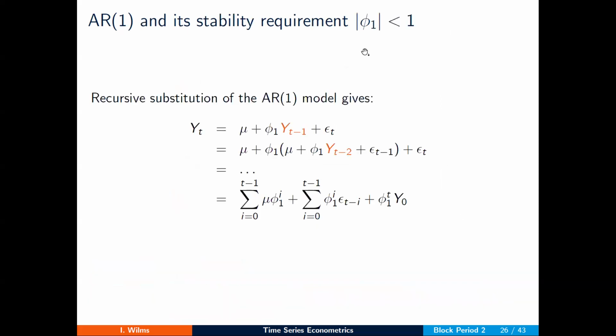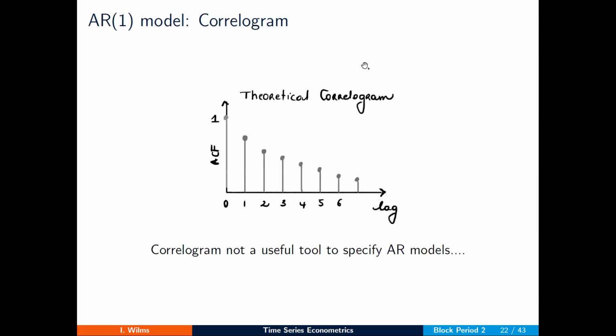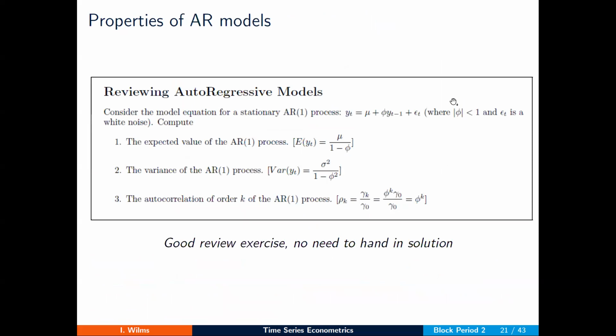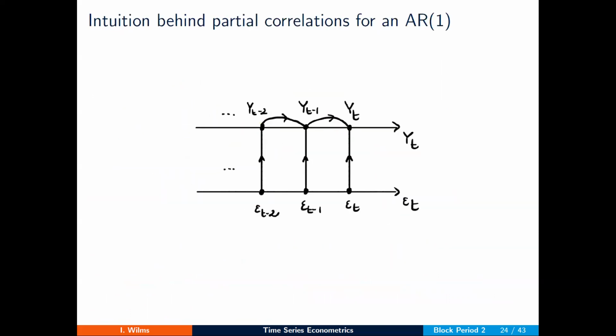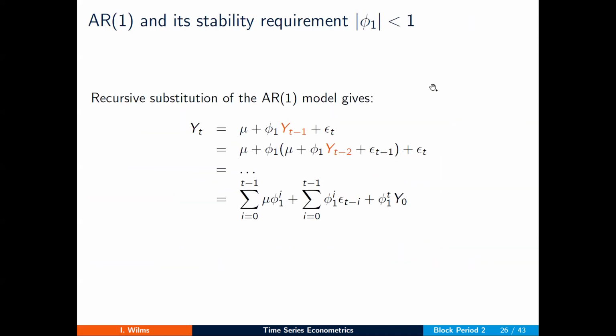Now, one aspect I have been ignoring until now is the very important stability condition for an AR parameter. In the assignment, you also saw this popping up over here, the condition that phi needs to be smaller than 1 in absolute value, which is a stability condition. Why is this needed?